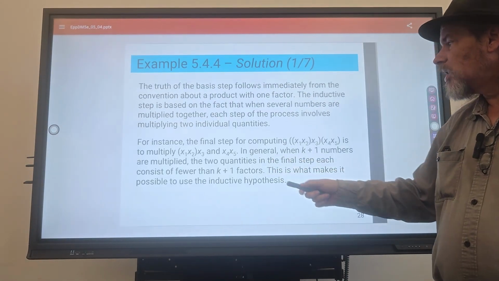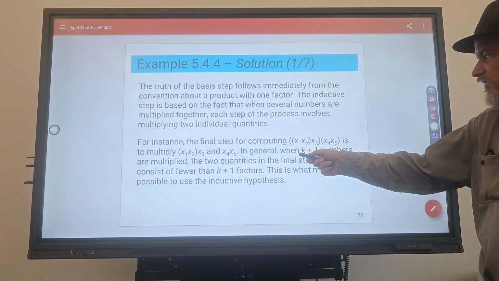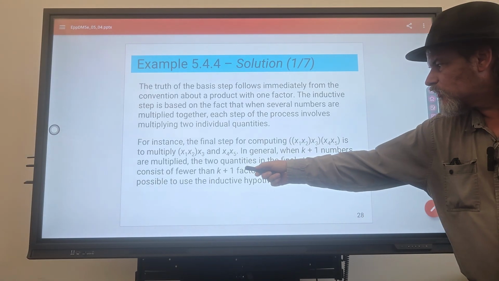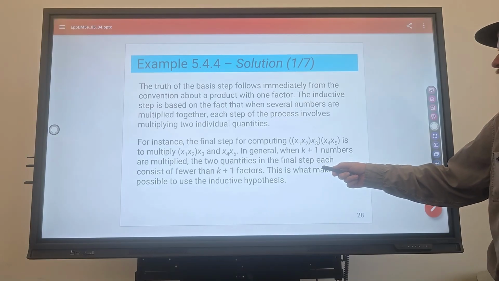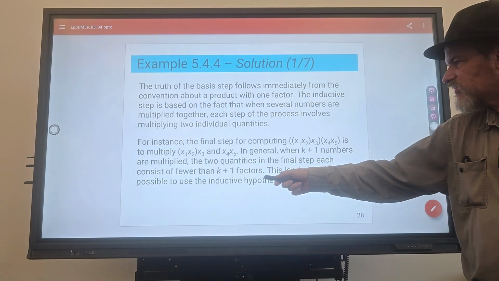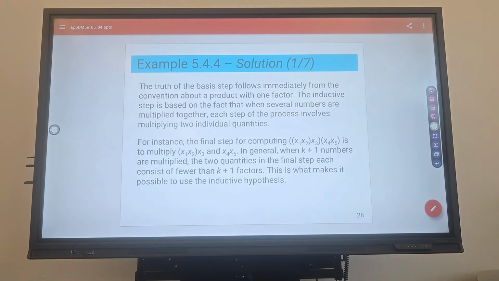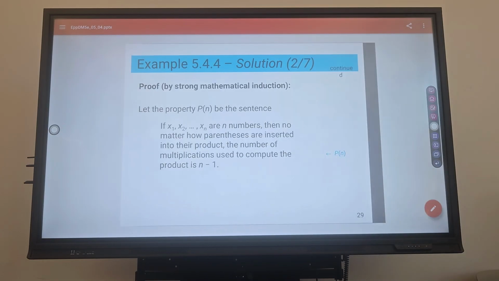In general, when k plus 1 numbers are multiplied, the two quantities in the final step each consist of fewer than k plus 1 factors. This is what makes it possible to use the inductive hypothesis.